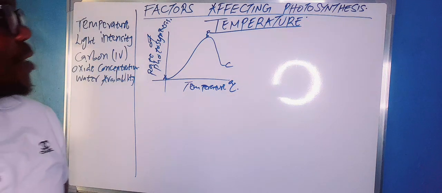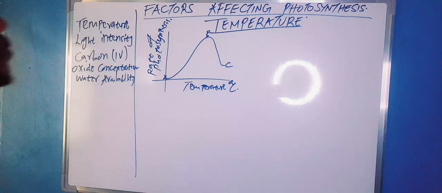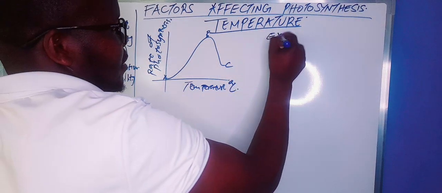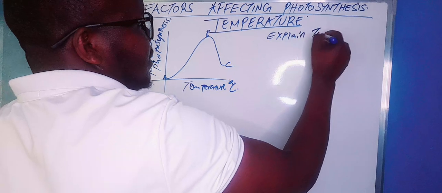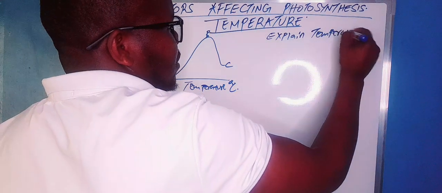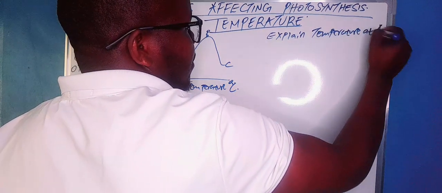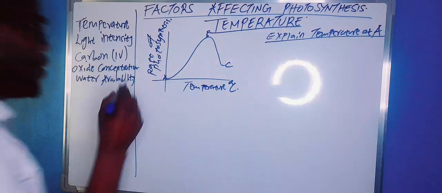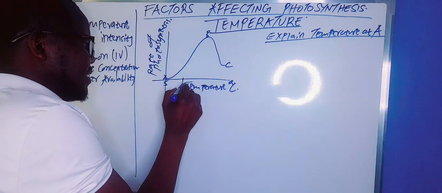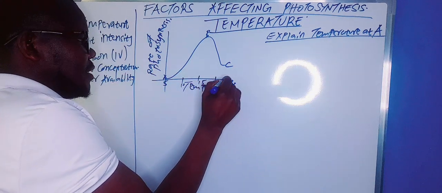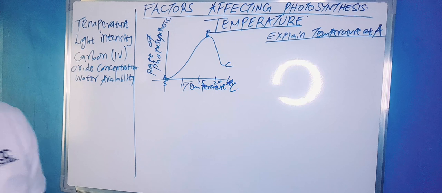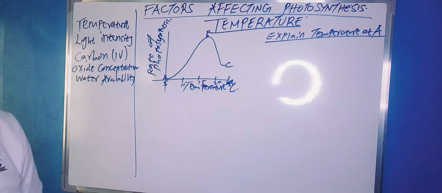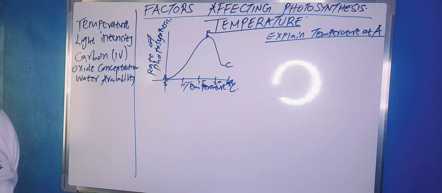So you can be told to explain temperature at A. Let's say this axis is 5, 10, 15, 20, 25. That is our temperature. How will we explain when the temperature is at 5? That is at A, so at A the temperature is low.